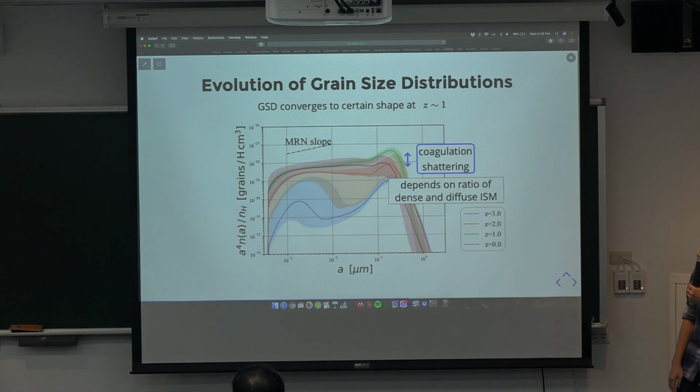Metallicity means gas-phase metallicity? Gas-phase metallicity. That is sort of contrary to the observational evidence, right? Usually it is growing. But you don't see that in the cold gas phase, right?